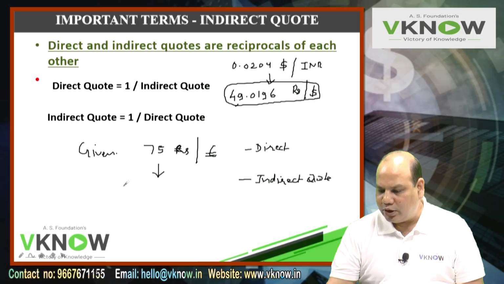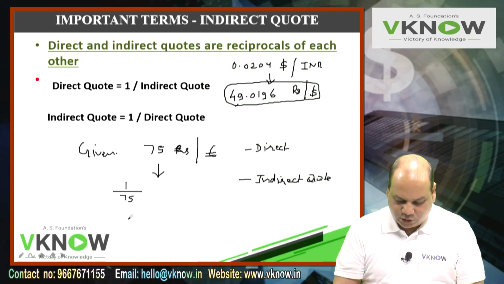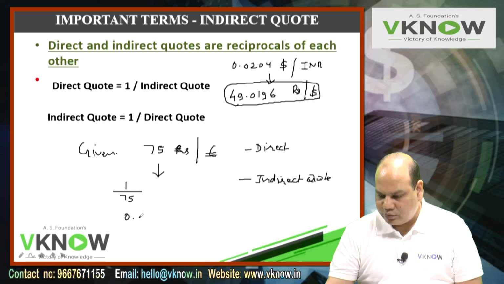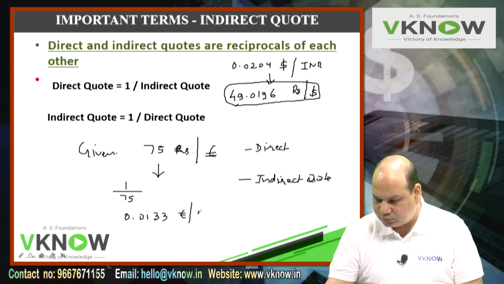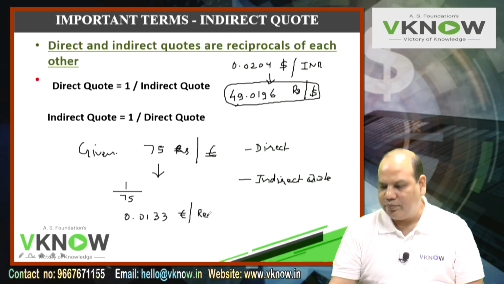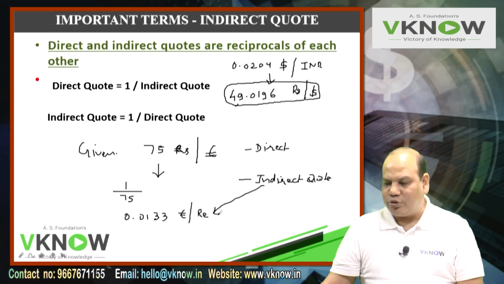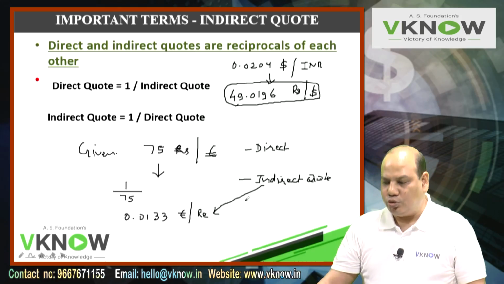The equivalent indirect quote will be simply 1 by 75. So take on your calculator 1 divided by 75. So that is 0.0133 euro per rupee. So that is the equivalent indirect quote in India for euro.